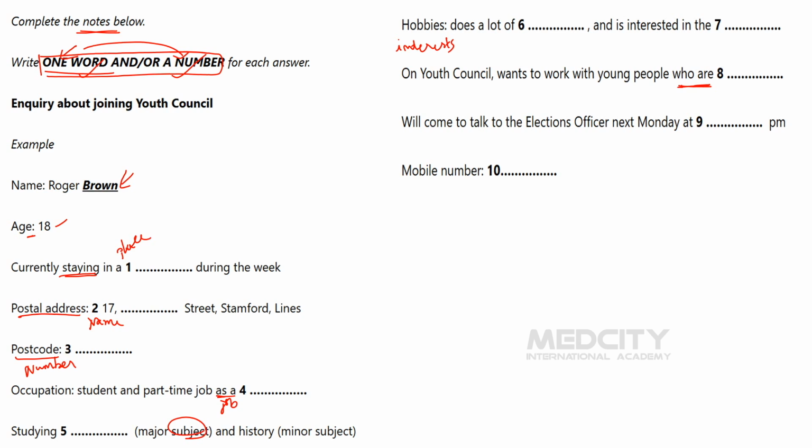Young people who are means maybe some sort of a condition, people who are unable to walk or unable to study, maybe a state or condition of young people you can expect. Will come to talk to the elections officer next Monday at dash PM. So obviously it will be a time. Mobile number, of course, you'll be hearing a number.